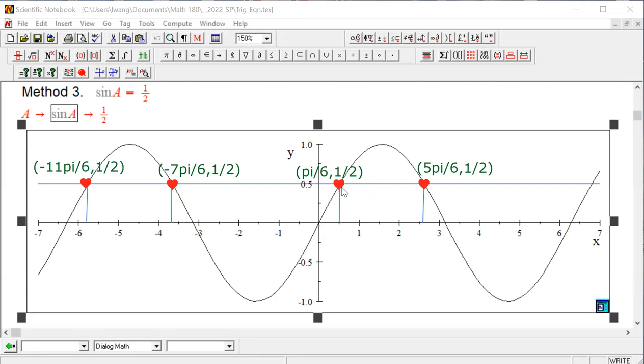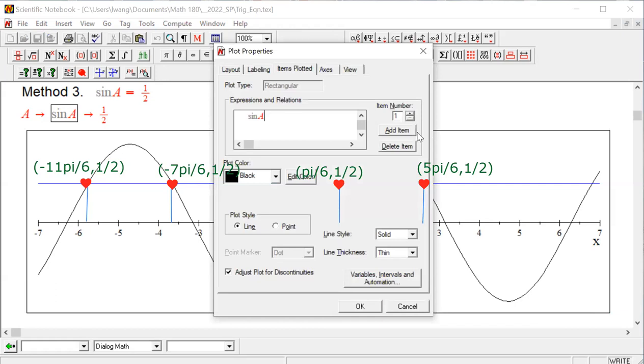And this is the solution between negative pi over 2 and pi over 2. So between negative pi over 2 and pi over 2, we have a representation using arc sine. Let me quickly draw the arc sine for you.